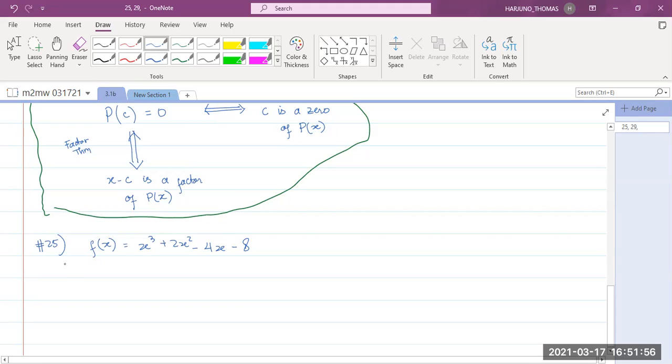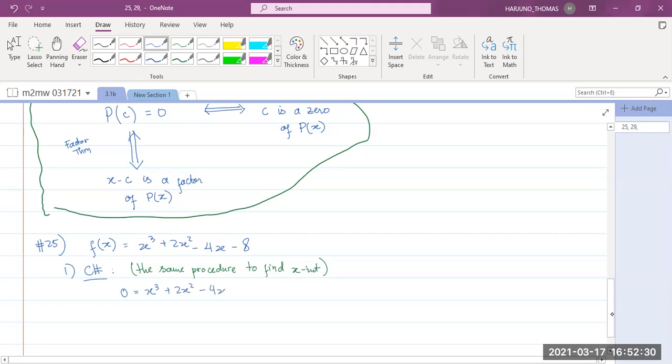So our step one, the critical numbers. Notice that this is the same procedure as step one to find the x-intercept. So we set f(x) equals 0 and we solve for x.